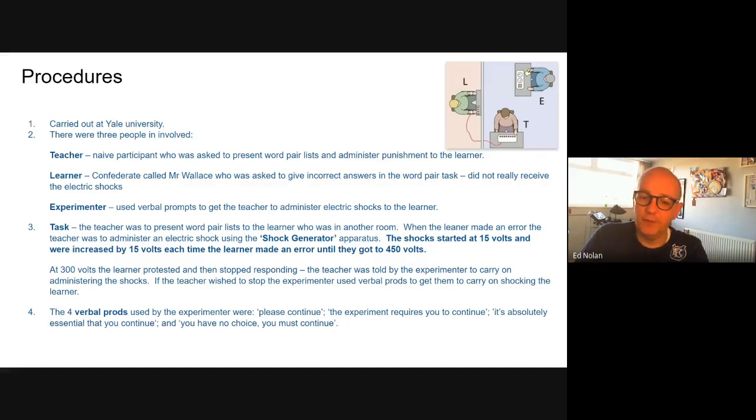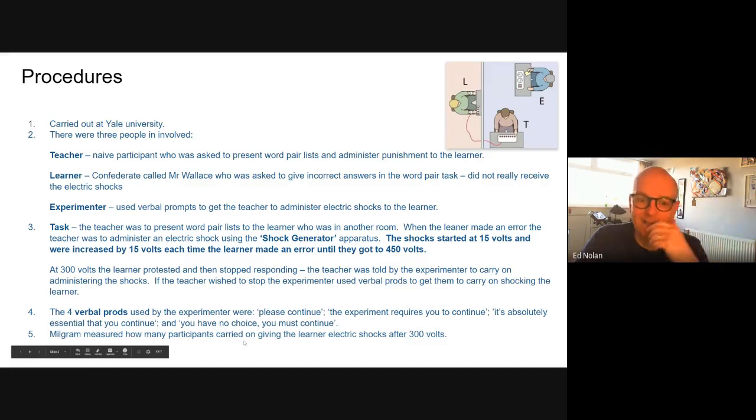The prods were, "Please continue," and then if they still wouldn't, "The experiment requires you to continue," and then "It's absolutely essential that you continue." And "You have no choice. You must continue." Those were the verbal prods. As you can see, they're quite directed. What Milgram measured was how many people administered the shocks after 300 volts.